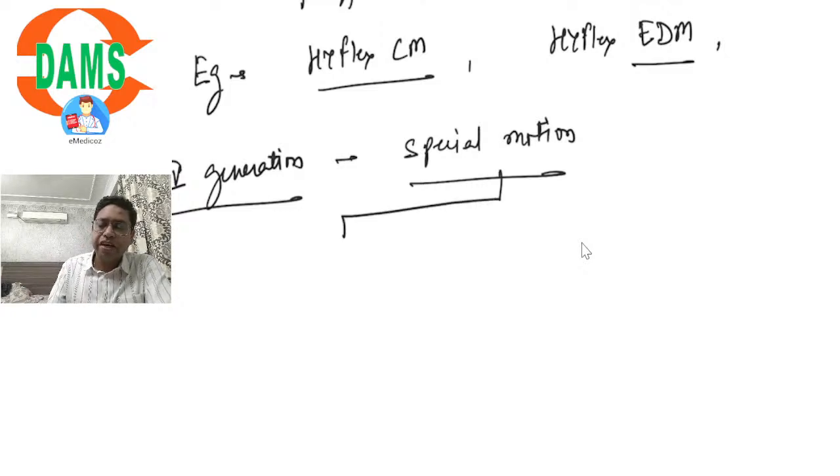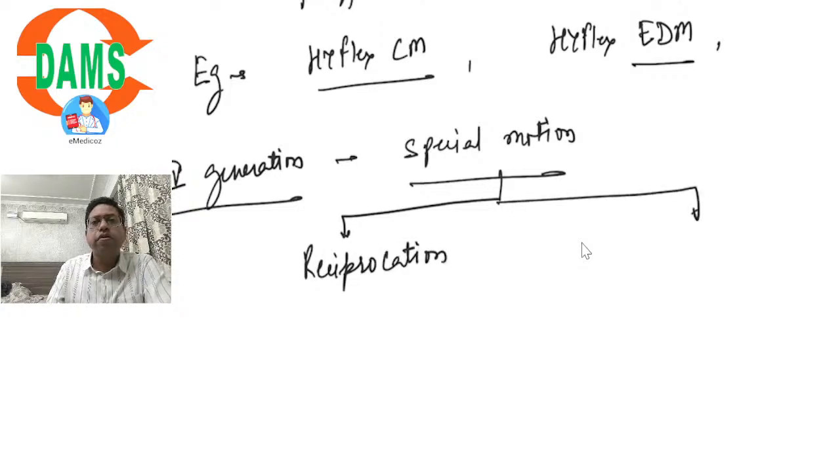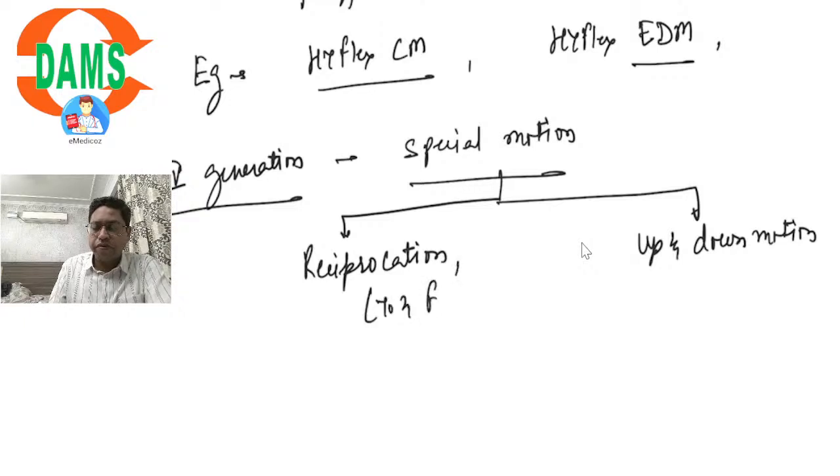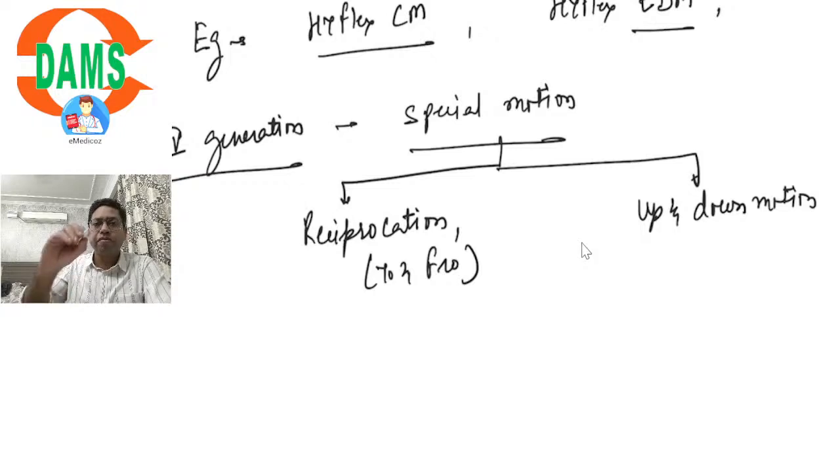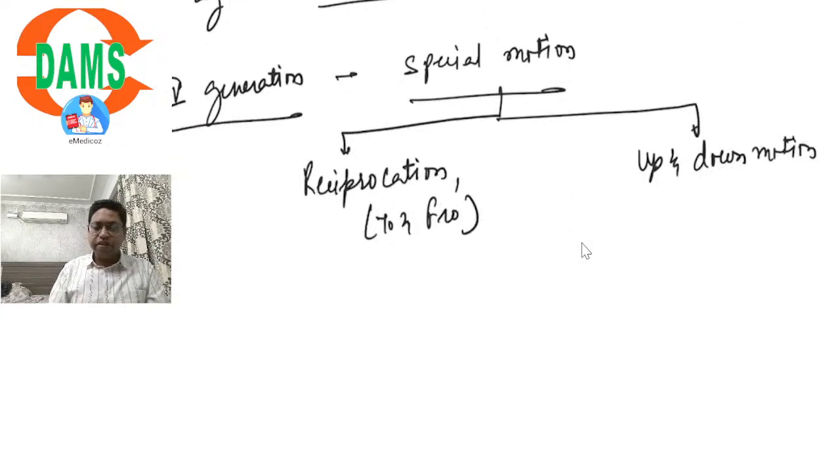This special motion can be either reciprocation or up and down motion. Reciprocation is also called to and fro motion, meaning they would not rotate inside the root canal in 360 degrees, but they would reciprocate in a clockwise, anti-clockwise manner.